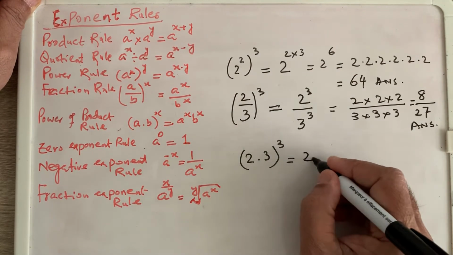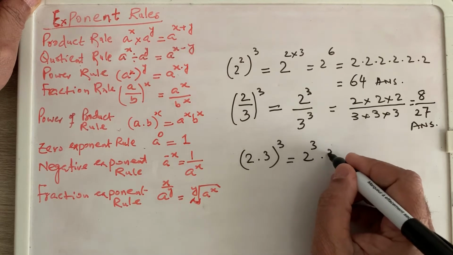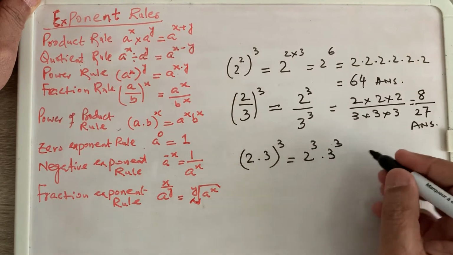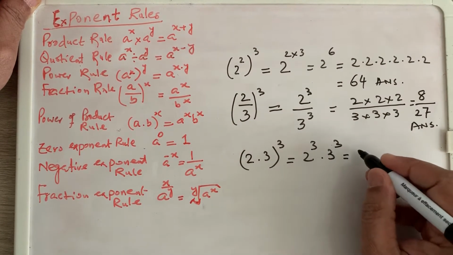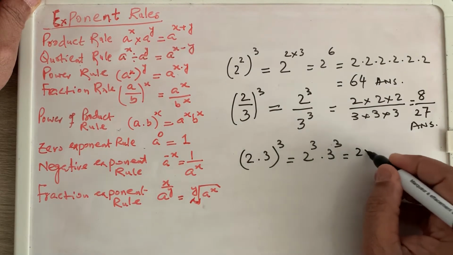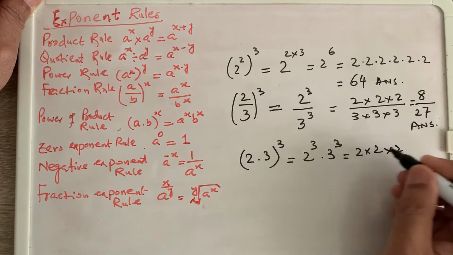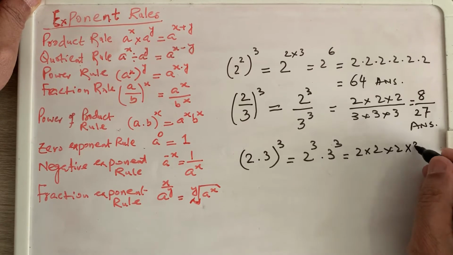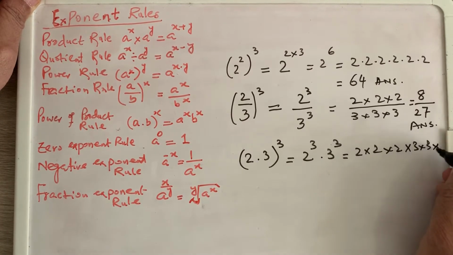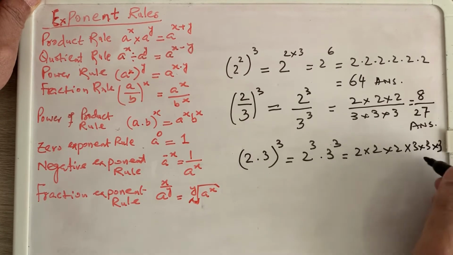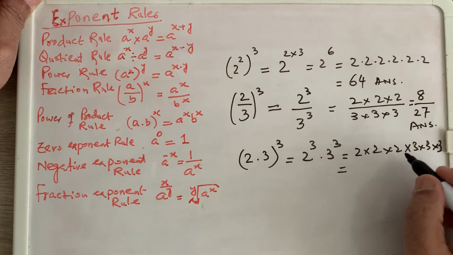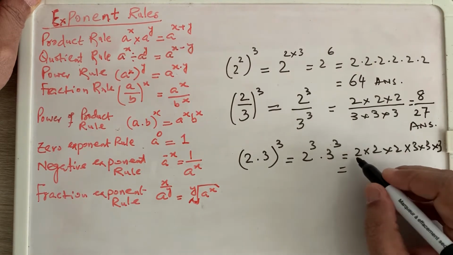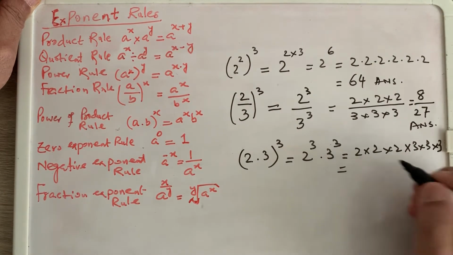So that means 2 to the power 3 times 3 to the power 3. 2 to the power 3 is 2 times 2 times 2, and 3 to the power 3 is 3 times 3 times 3, and then we have to solve them and multiply. 3 times 3 is 9, 9 times 3 is 27. 2 times 2 is 4, 4 times 2 is 8.